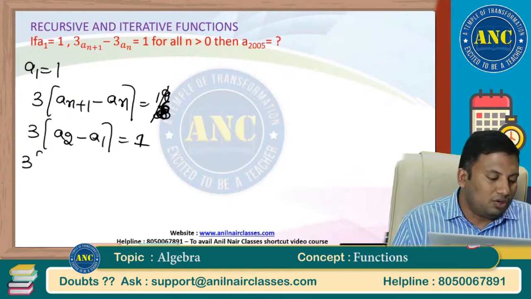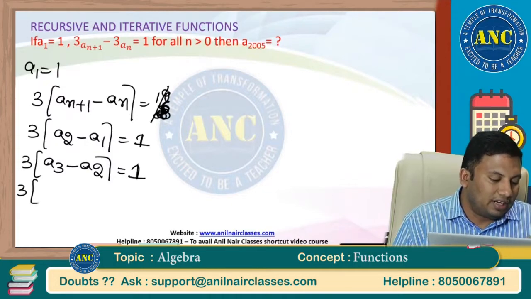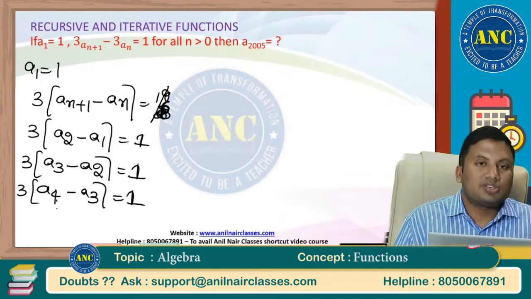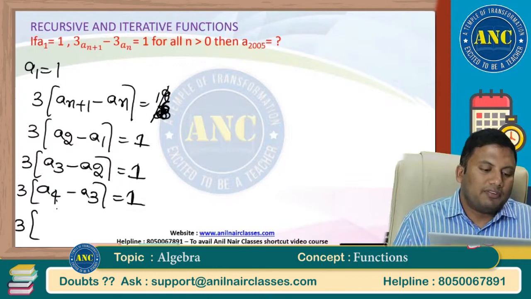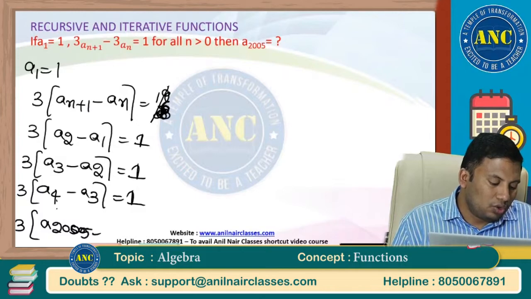If n value is 2, a3 minus a2 is again nothing but 1. If n value is 3, a4 minus a3 is nothing but 1. If n value is 2004, a2005 minus a2004 is nothing but 1.